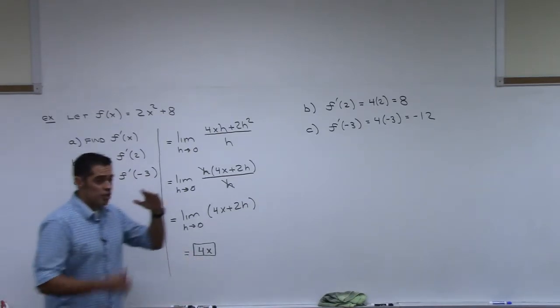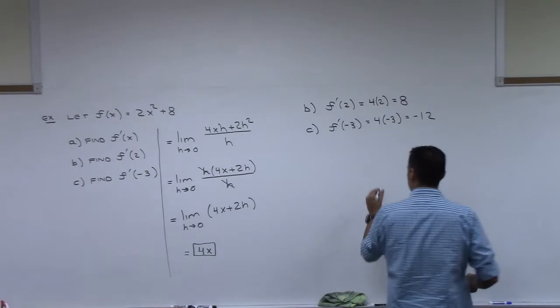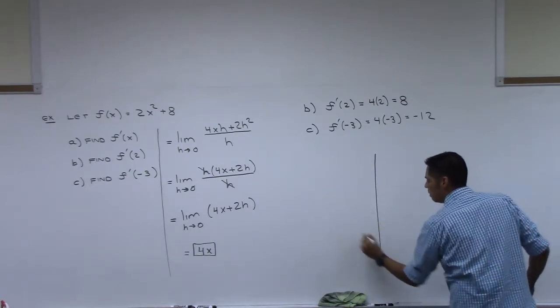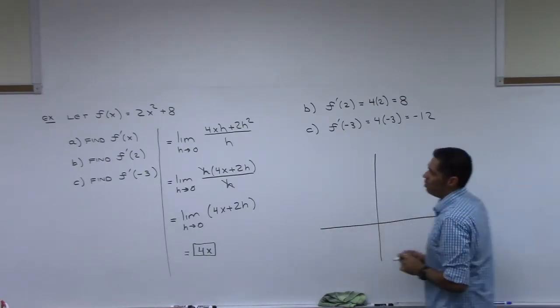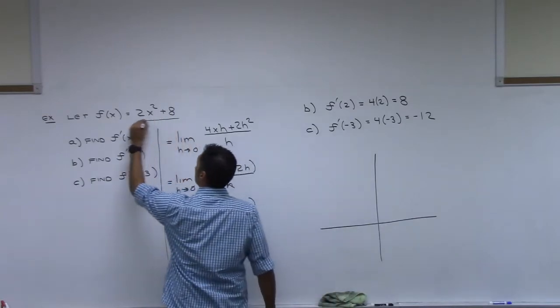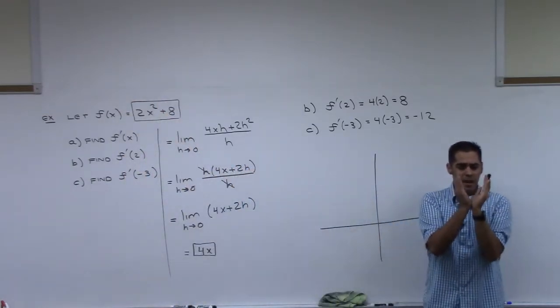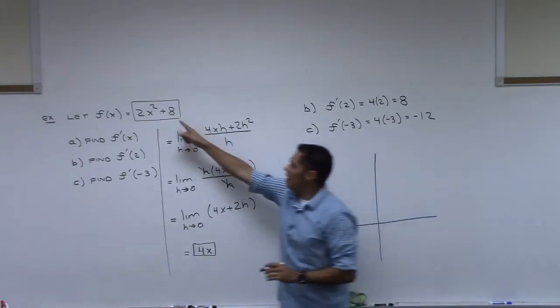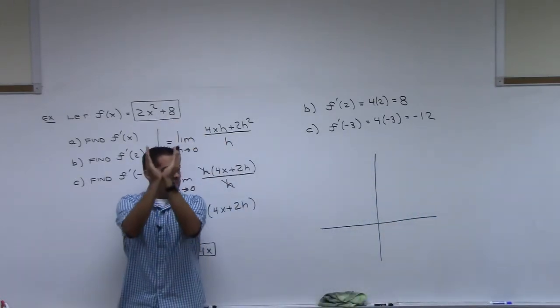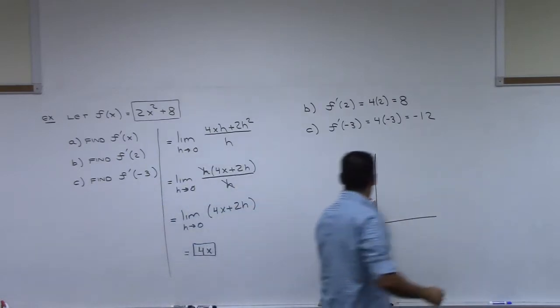Now look, geometrically, here's what's happened. If you go back to what you may have learned in 1324, if you were to graph this, this is a parabola. It opens up, and that plus 8 right there moves the whole graph up 8. So the graph actually looks like this.